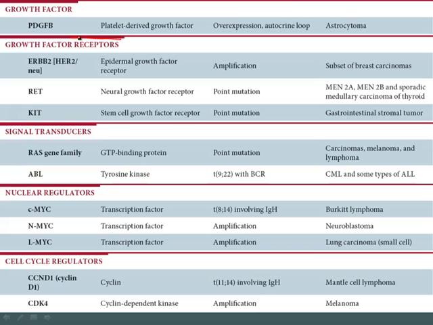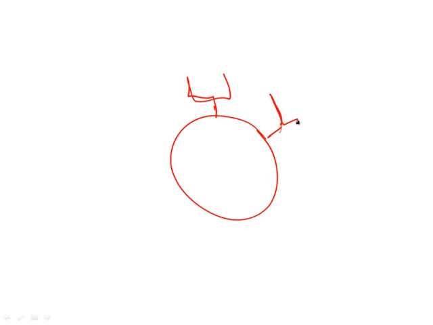Another example would be growth factor receptors. So again, we can go back to our diagram, and we can remind ourselves that if this is a cell, and the cell is expressing a growth factor receptor, when growth factor comes in, normally growth factor would bind the receptor, signal would be sent, and the cell would then divide.